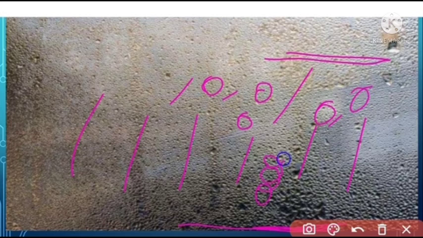Water vapor falls on a plate, and after some time it is converted into small droplets, which collect as liquid and remain in the vessel. This is called the condensation method.